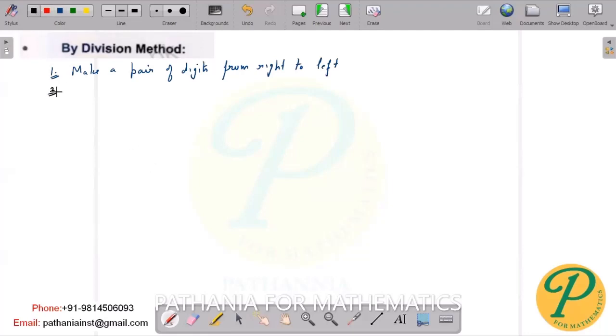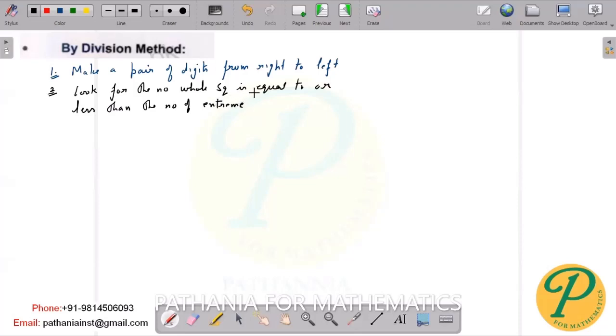The second point, look for the number whose square is equal to or less than the number at the extreme left, the pair which is left in the extreme position, whether it is a pair or you are left with a single digit.